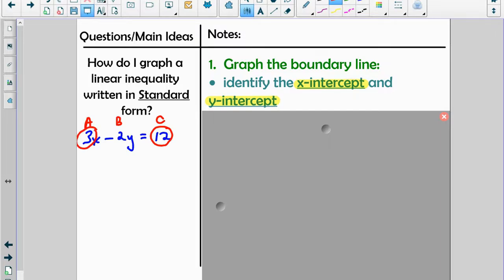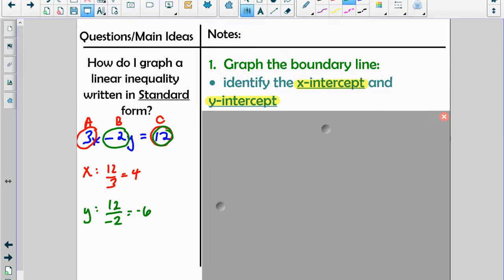So 12 divided by 3, which is 4. If I want to find the y-intercept, I take 12 divided by negative 2 because that's the number in front of the y, which is negative 6.